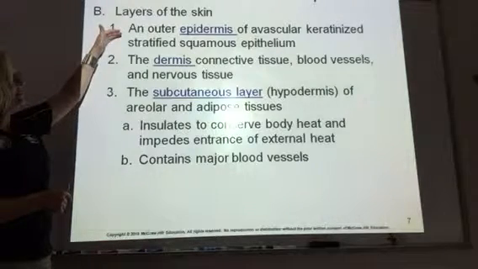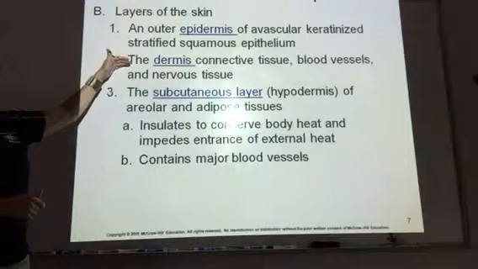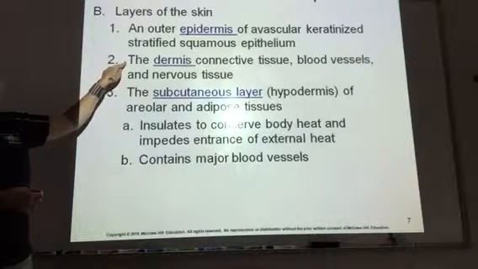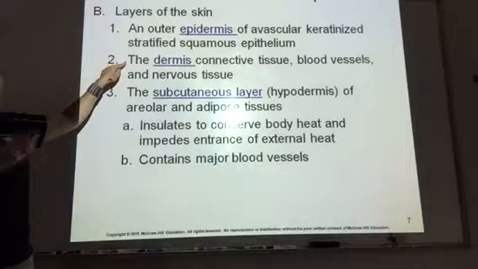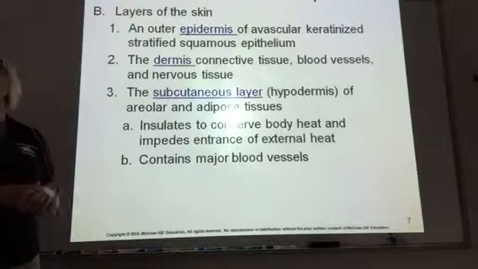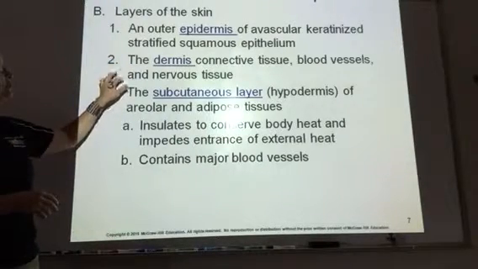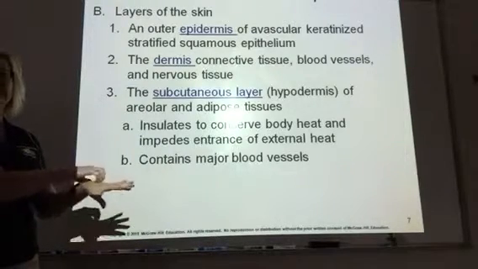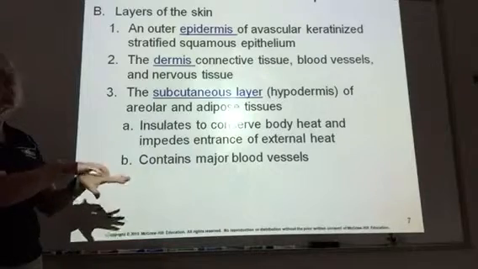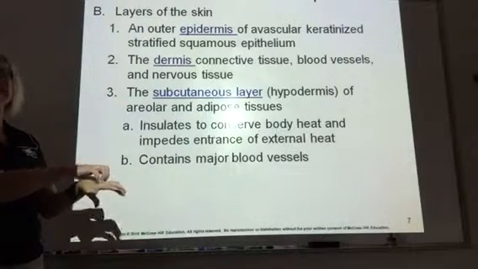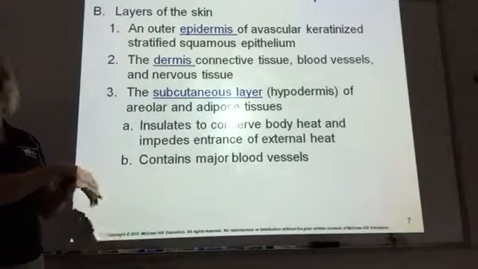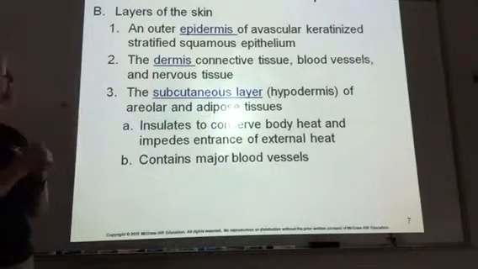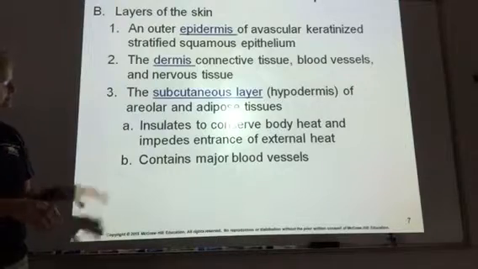Then I have the dermis, which is connective tissue, where your blood vessels are found. So if you do bleed, you know you reached the dermis. Nervous tissue is also found there. If I scratch my hand a little, it's not going to hurt because there aren't really any pain receptors. If I dig hard enough to bleed, there's nervous tissue and pain receptors.